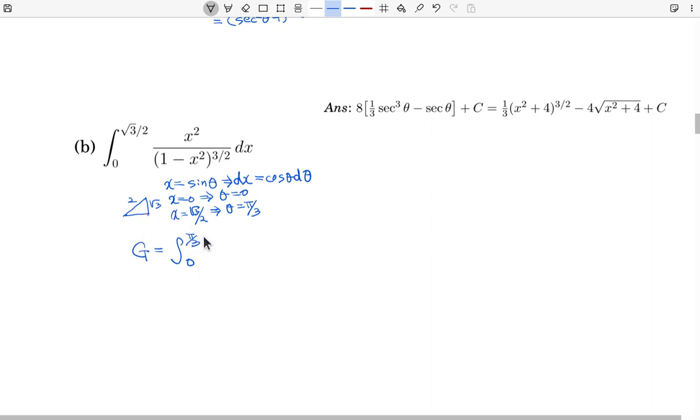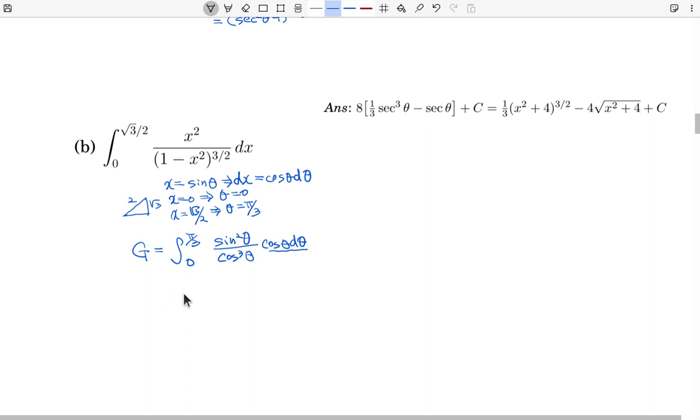Now, from 0 to pi over 3, the top is sine squared, and the bottom is 1 minus sine squared, which is the same as cosine squared, so that is cosine to the third power of theta, and then there is cosine theta d theta, which is dx, right? We didn't use the absolute sign there because between 0 and pi over 3, cosine is positive.